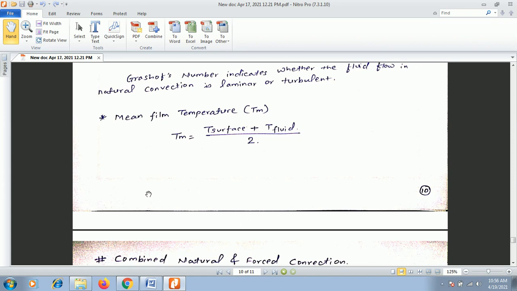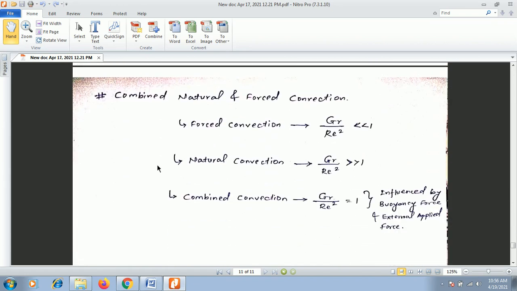The mean film temperature for external flow will be T surface plus T fluid divided by 2. For the combined natural and forced convection, how are we going to identify it? By using the ratio Gr upon Re square. If it is less than 1, then we can say it is forced convection, because in this case Re is in the denominator, so the denominator will be more.